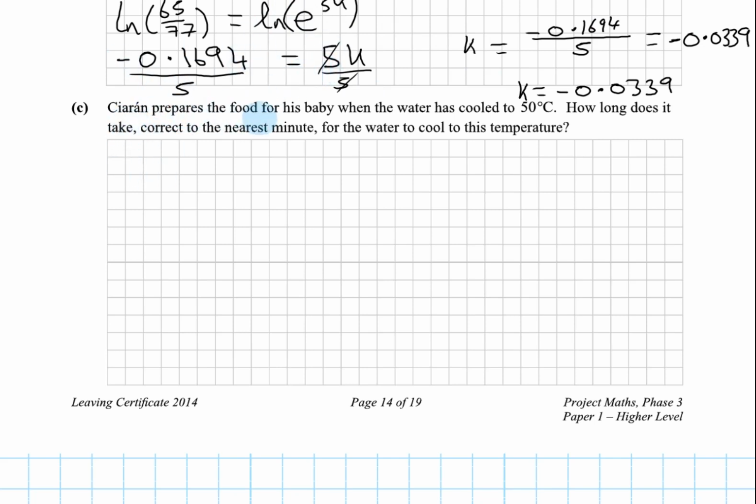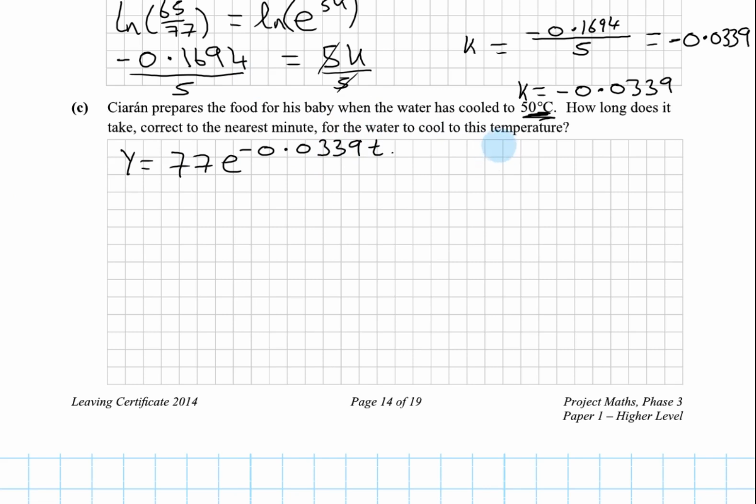So Kieran prepares the food for his baby when the water was cooled to 50 degrees Celsius. How long does it take, correct to the nearest minute, for the water to cool to this temperature? So we now know that y is equal to 77 e to the power of minus 0.0339t. Now y is equal to 50 minus room temperature, so y is 27.